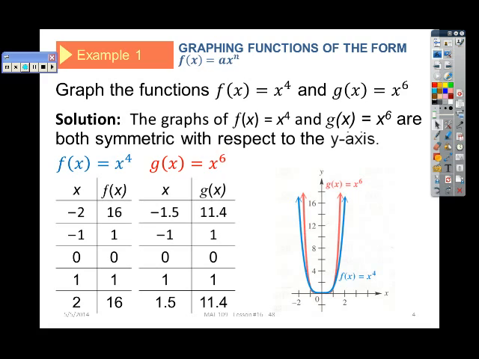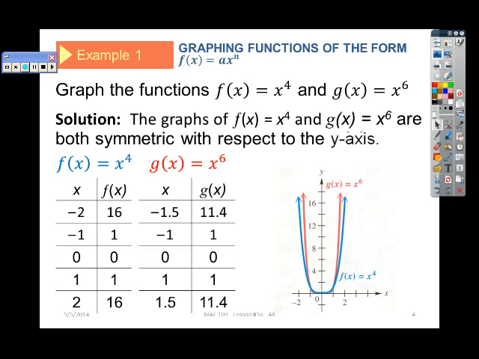The vertex is at the origin for both of these. The red line is closer to the y-axis. The red line is flatter on the bottom. And if you kept increasing the exponent above 6, 8, 10, 12, way on up, it eventually would become a square shape. But it obviously can never get there.